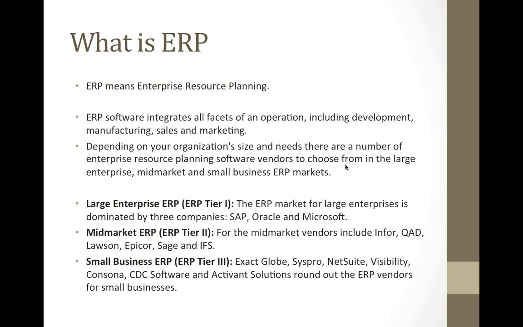These are the various ERP vendors. The major player in the large enterprise ERPs is SAP. So what is SAP? SAP is also an ERP. ERP is like a big superset, and SAP is going to be a part of it.